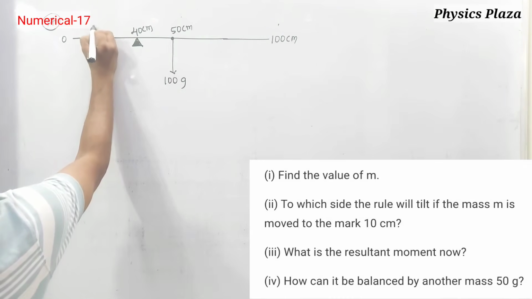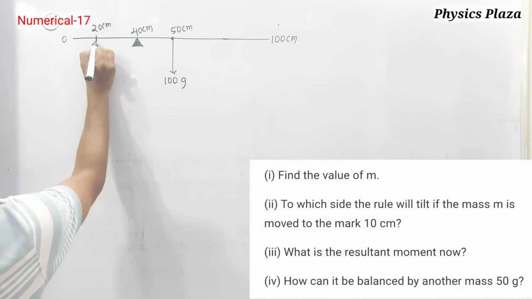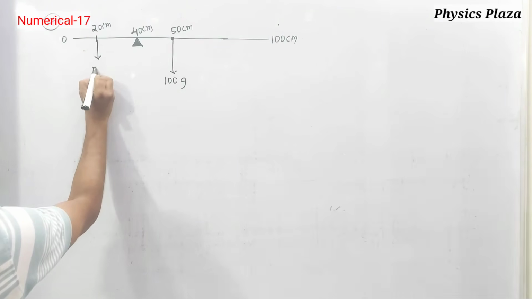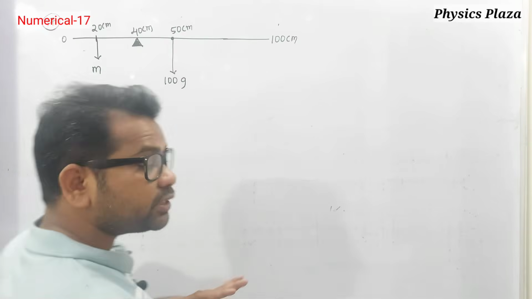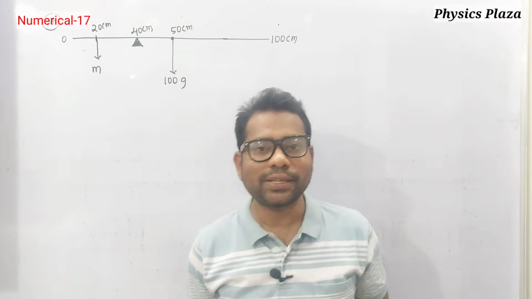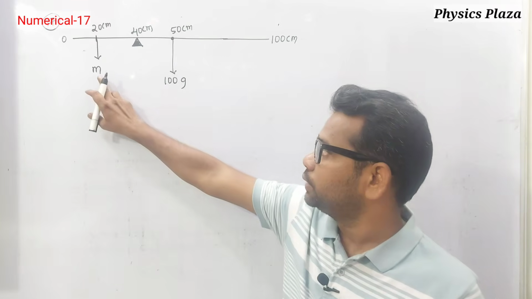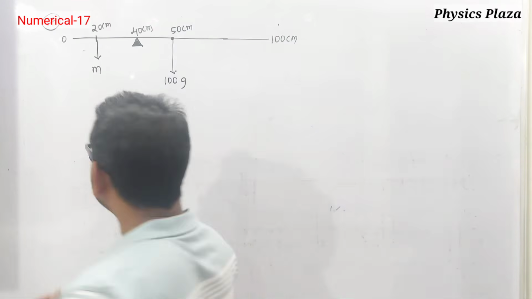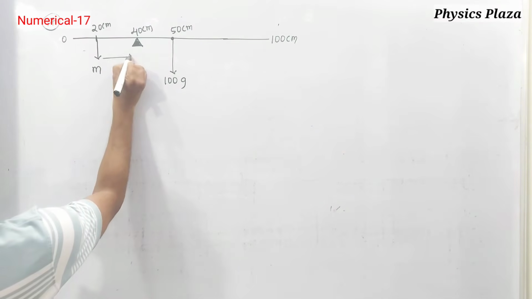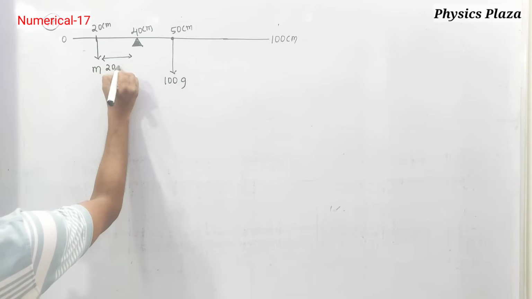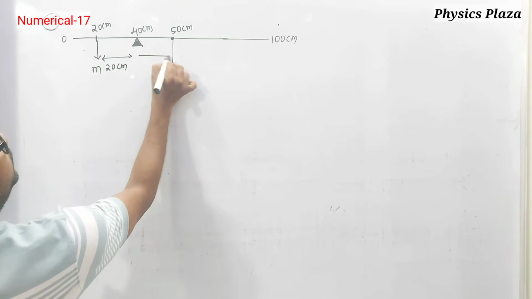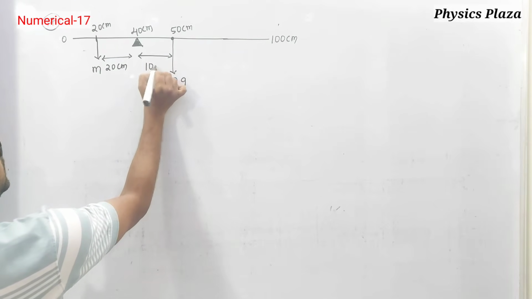So here at the 20 centimeter mark, they are saying a small m is suspended such that it is balanced. So now you can understand what is going to be asked: this unknown mass. Let us calculate first. This perpendicular distance is going to be 20 centimeters, and this is going to be 10 centimeters.